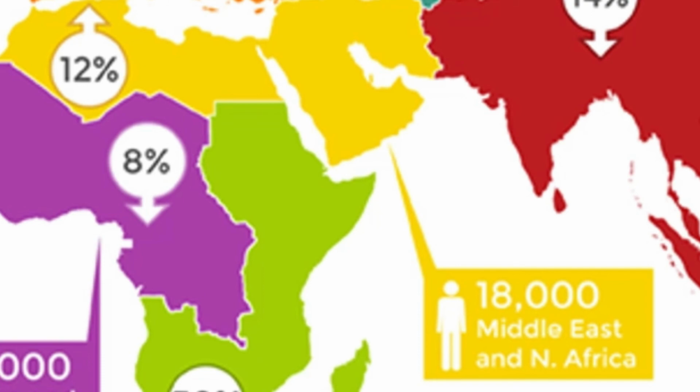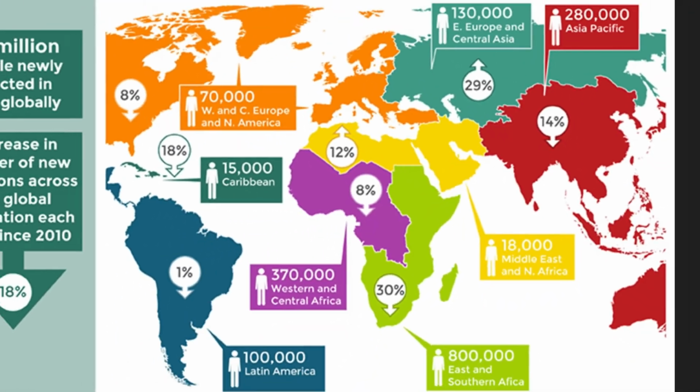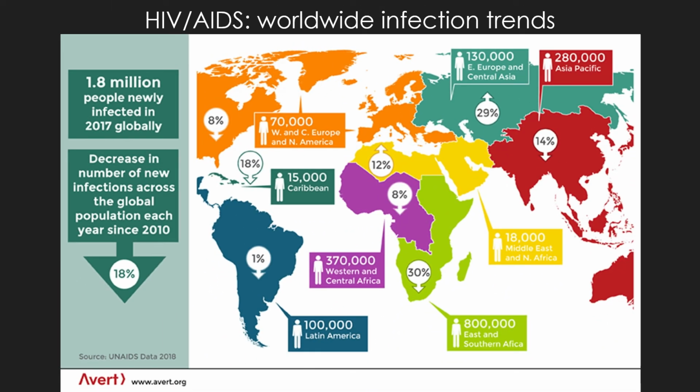So overall, the number of new infections is decreasing almost 20% every year, which is great. And when we look at these data for Eastern Europe and Central Asia and the Middle East and North Africa, we want to just make sure that we understand what those numbers are saying.